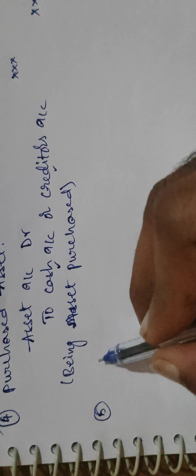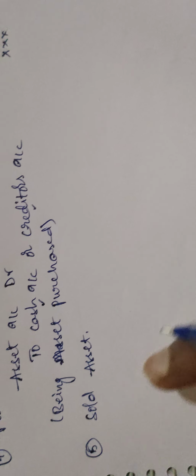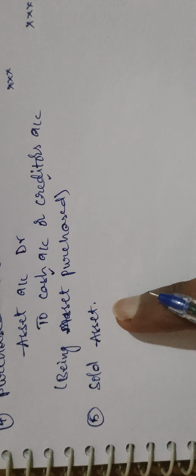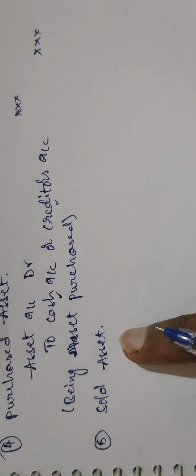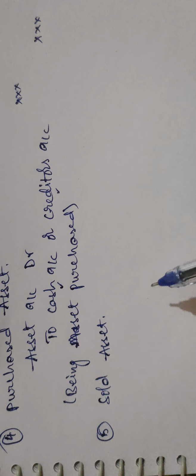And the next thing is the sold asset. Again the same. If you are selling any asset, that is not our business transaction, so we can't write it as the sales account. Instead of that, we write the asset account.